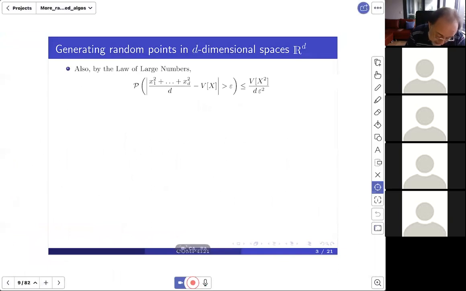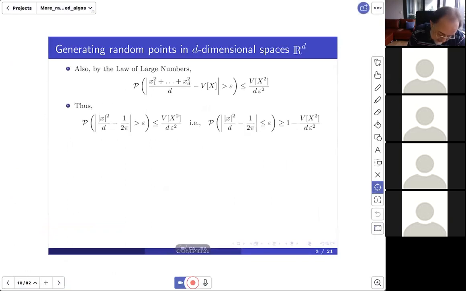Okay, so by the laws of large numbers, we know that the expected value of this is just the variance of your random number generator. And you have this inequality, right? The probability of this event that you deviate from the variance more than epsilon is smaller than this.